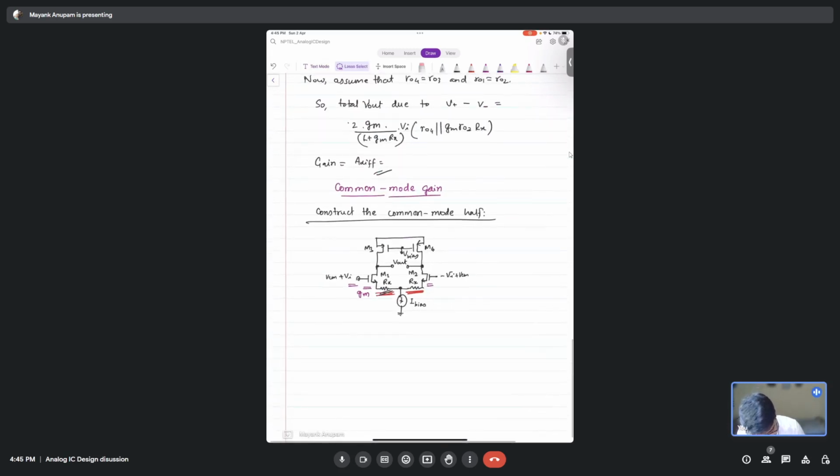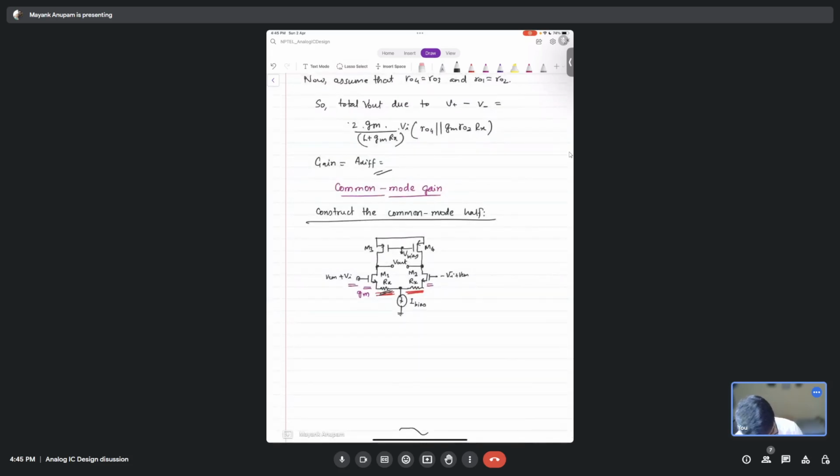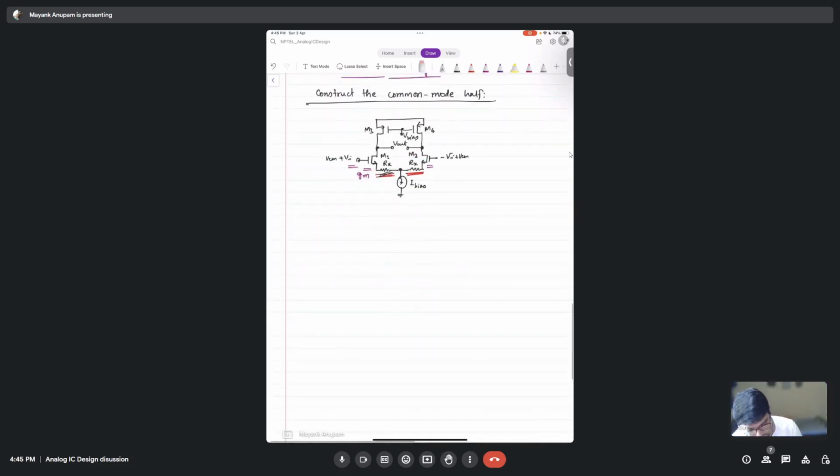Fine. So tell me what the common mode circuit will look like. Yeah, we have to take mirrors, one part: M3 and M1, Rx grounded. Rx here only.